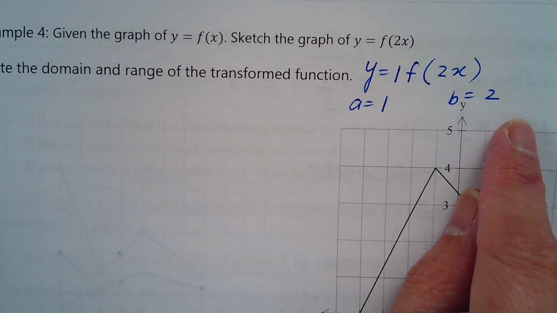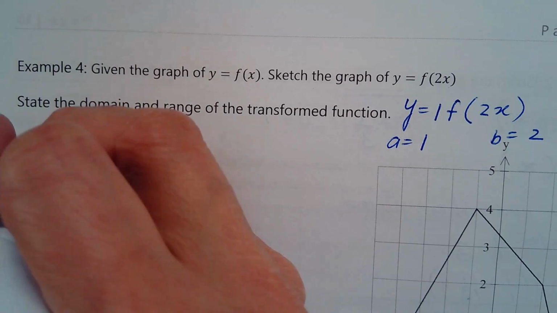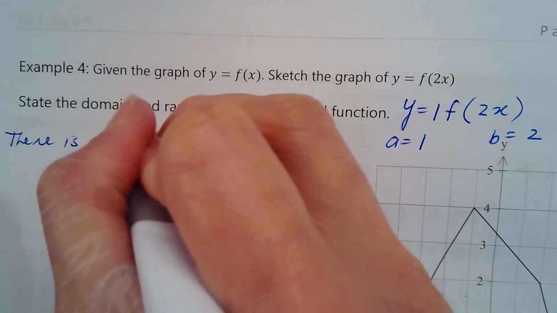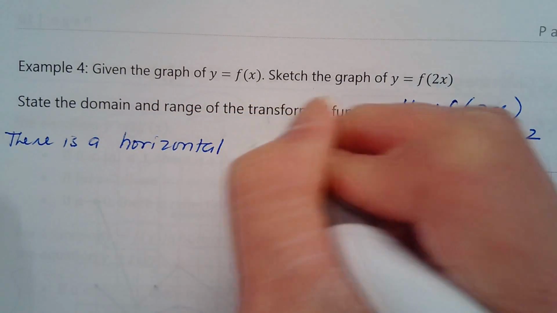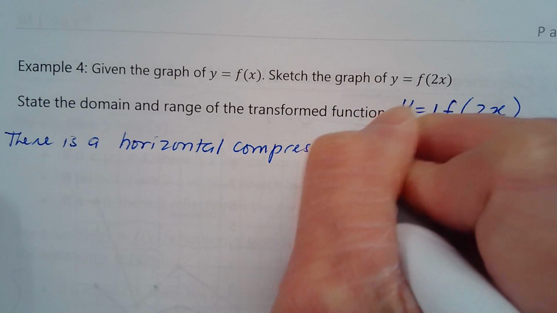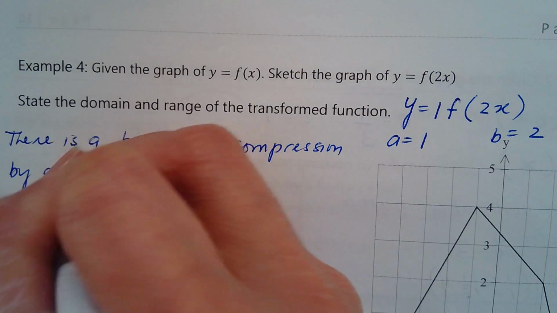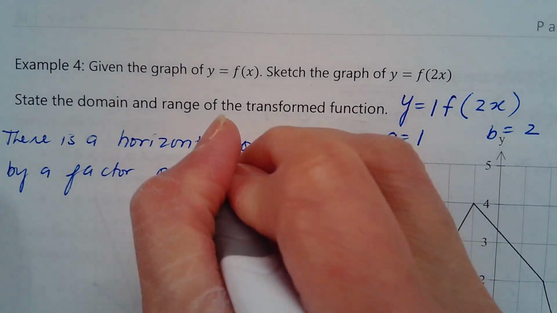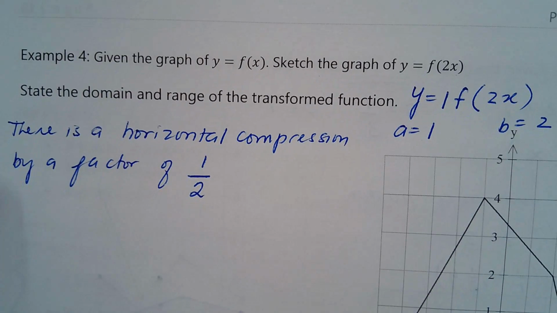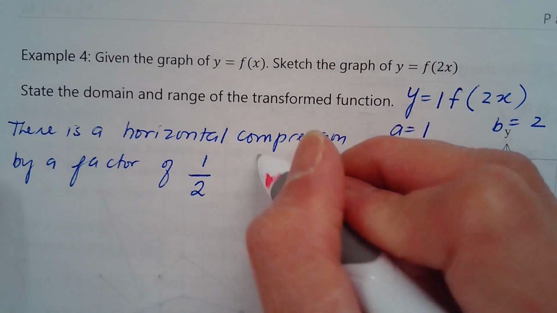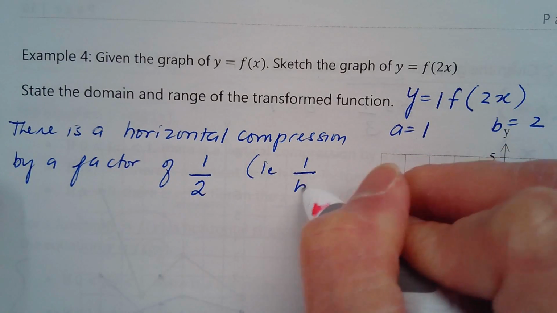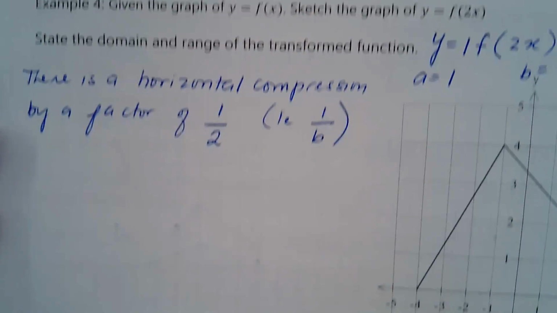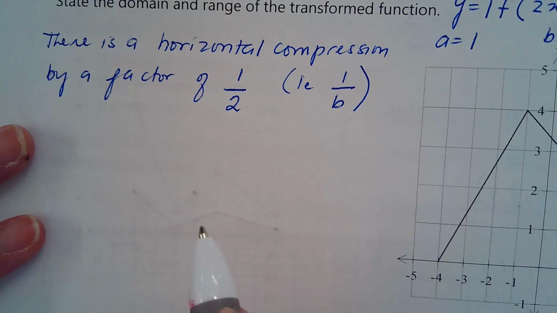Now if B is equal to 2, then there is a horizontal compression by a factor of the reciprocal of this, 1/2. The reciprocal, 1/2, i.e. 1 over B. So this is horizontal compression.